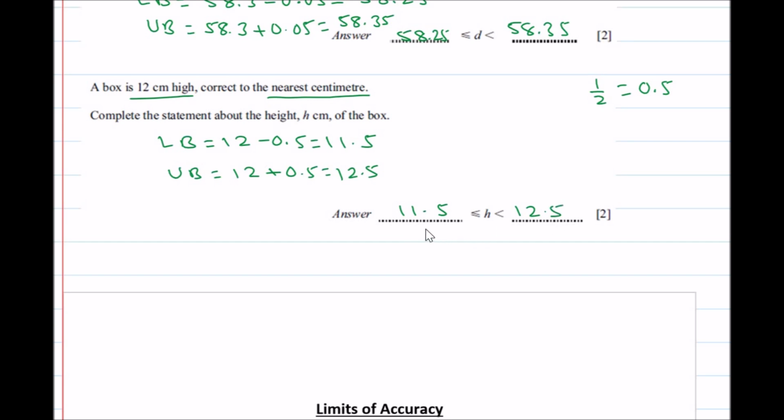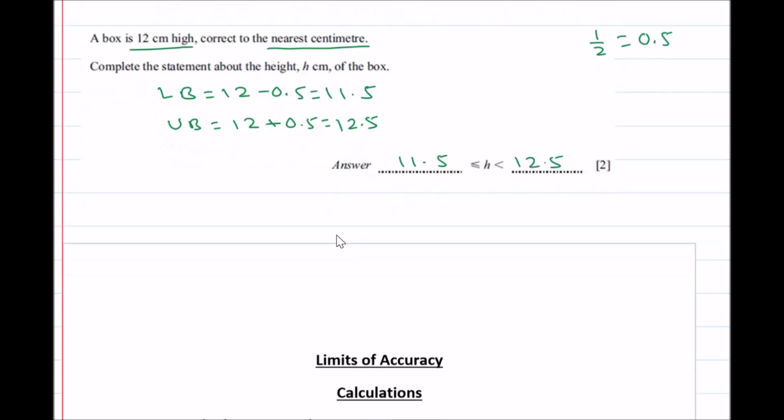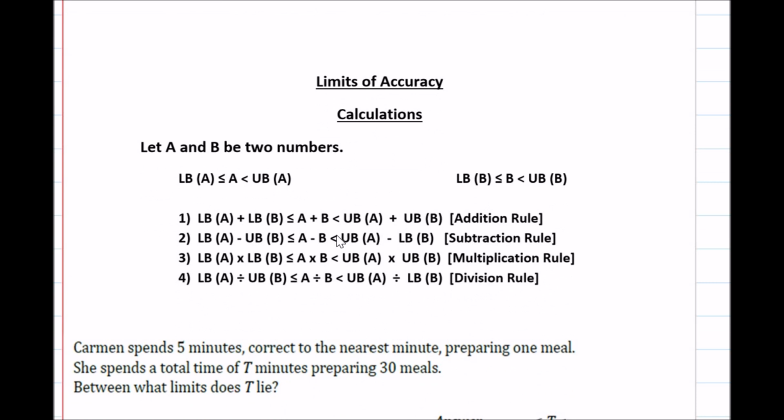So H lies between 11.5 and 12.5. Now if calculation is involved in problems involving upper bound and lower bound, in that case also we have some rules that you need to remember for how to apply the calculation rules. So let me show you here with some examples.